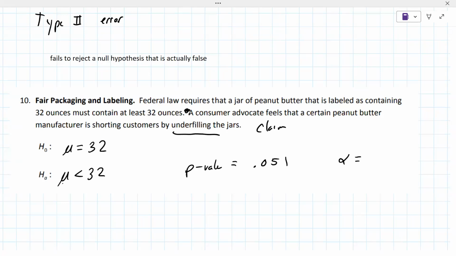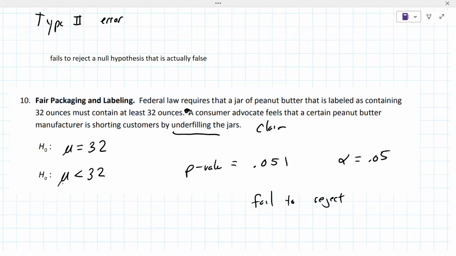So let's say you get a p-value of 0.051 and an alpha of 0.05. Do you reject or fail to reject? Fail to reject, I believe. Okay, so you would fail to reject.